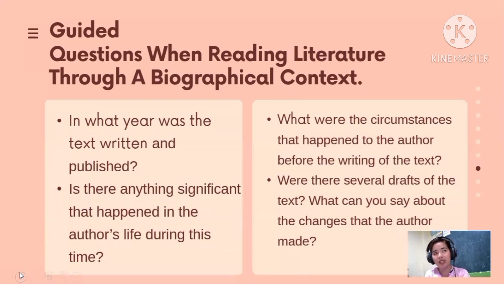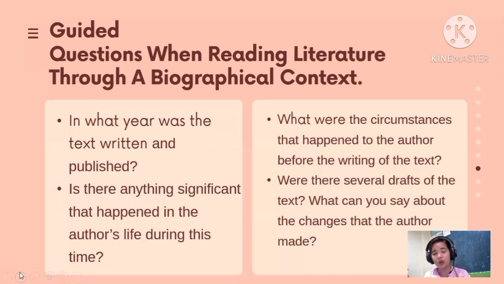For example, it was written way back in the martial law era and it talks about oppression and suppression of rights. Definitely, maybe the author has the experience of oppression. So is there any significant experience that happened in the author's life during his time?